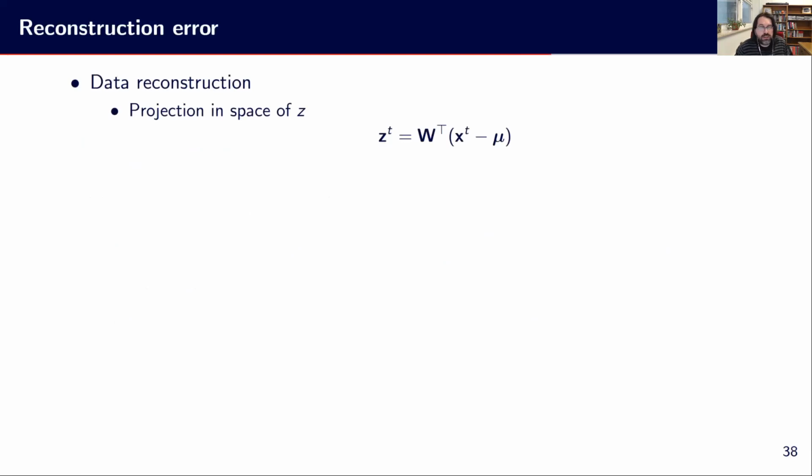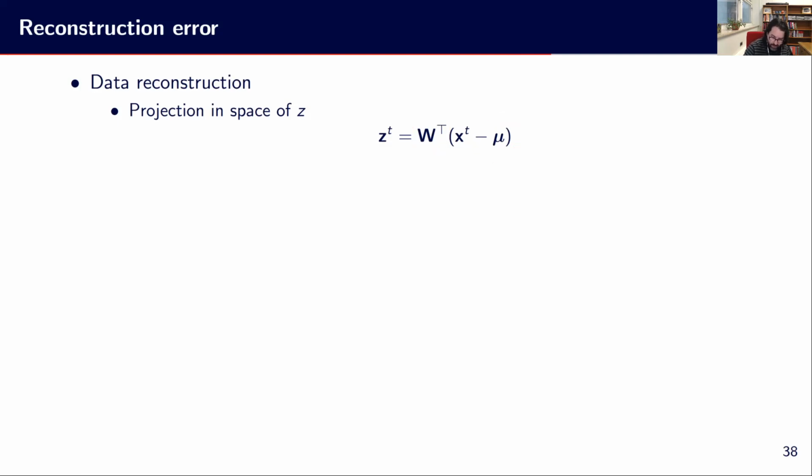One way to look at it is also the idea of reconstructing somehow the elements. So we have what we call the data reconstruction, which is a projection in space of Z. So basically we say that we have Z^T, which is equivalent to the PCA coming from W transpose times (X minus the average value).